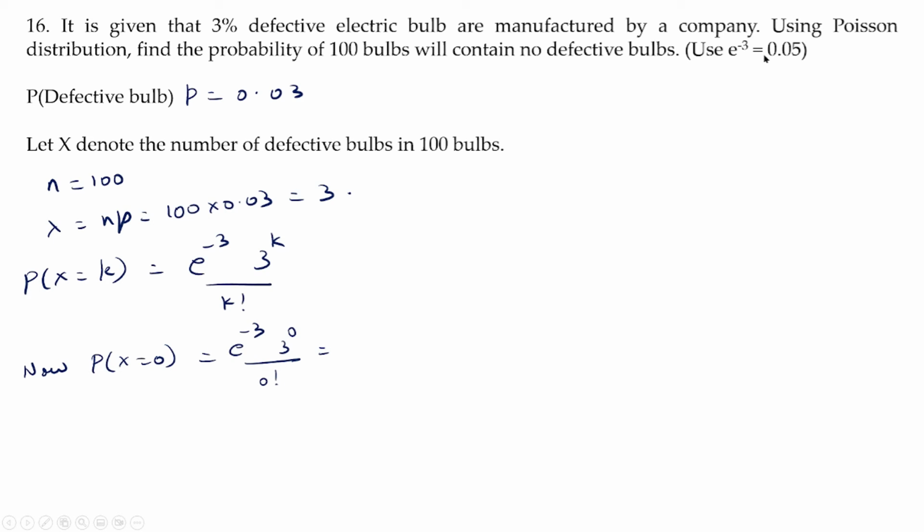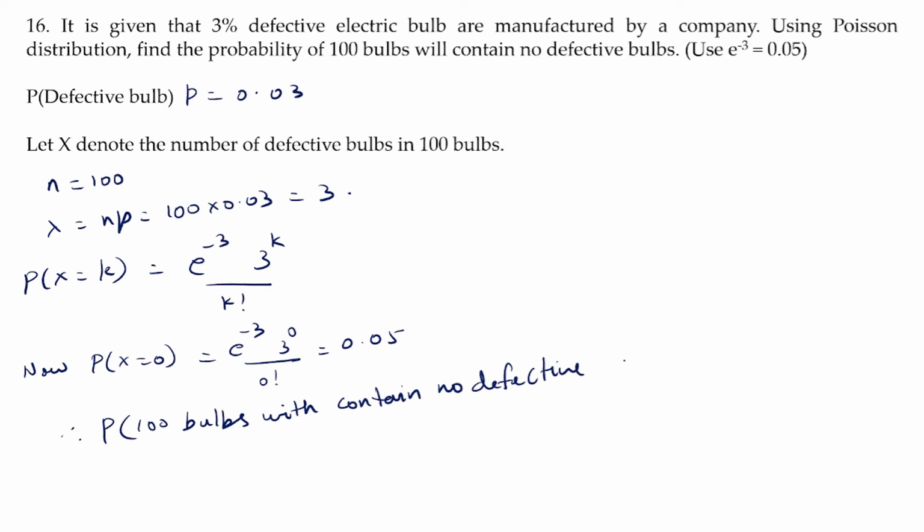E raised to minus 3 is given as 0.05. So the probability of 100 bulbs containing no defective bulbs is 0.05.